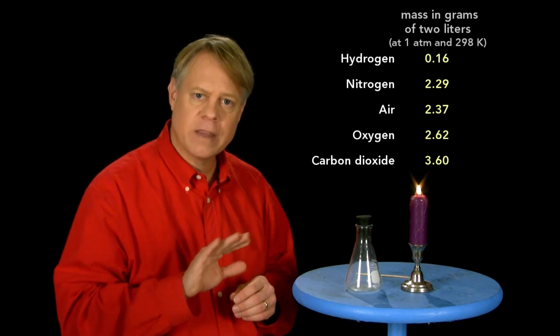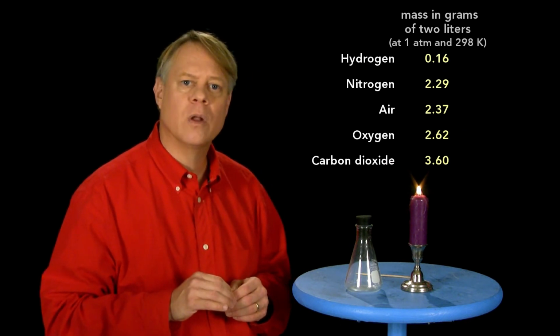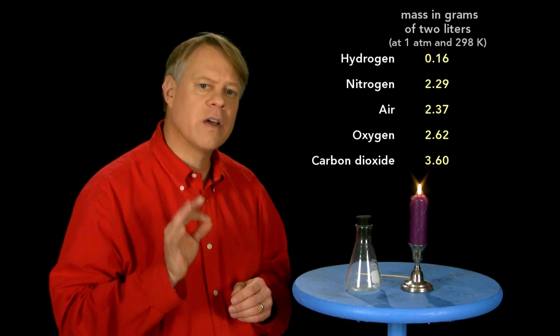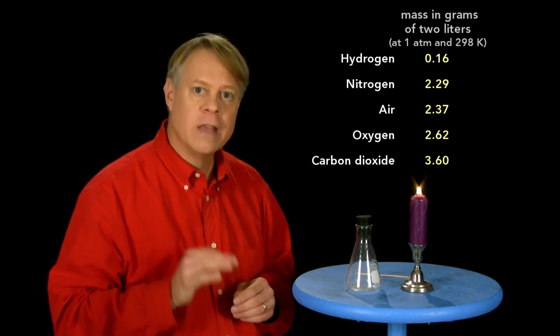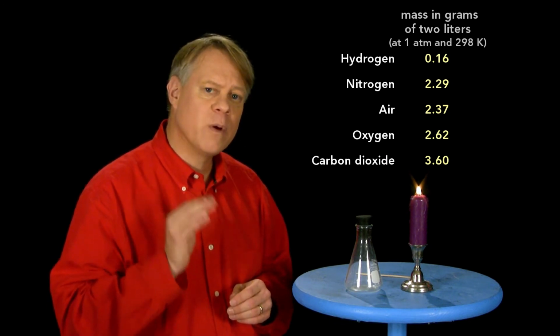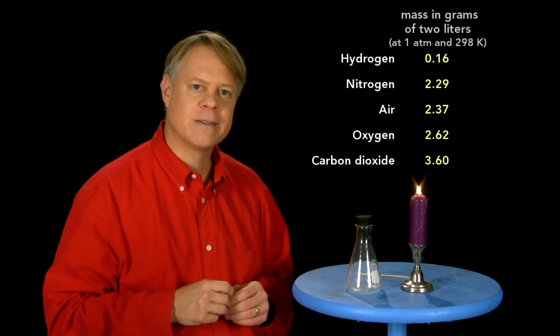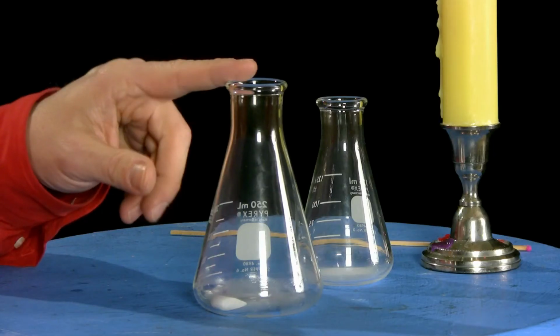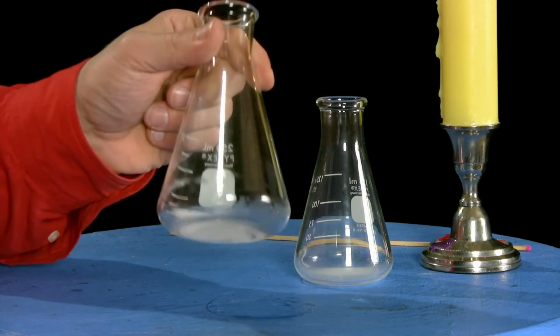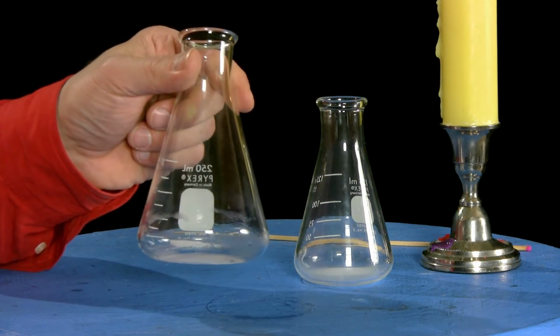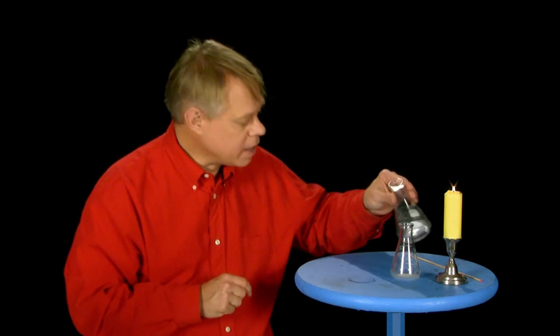I have put their respective weights at the lower part of this table, along with, for comparison, the weights of the other gases we've been examining. 2 liters of this weighs about 3.6 grams. You can see by some experiments that this is a heavy gas. I have a flask containing dry ice that is subliming and thus pushing out the air, replacing it with carbon dioxide. I'll pour a little of this carbon dioxide into another flask filled with nothing but air.